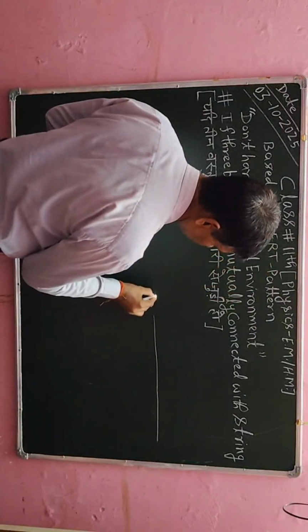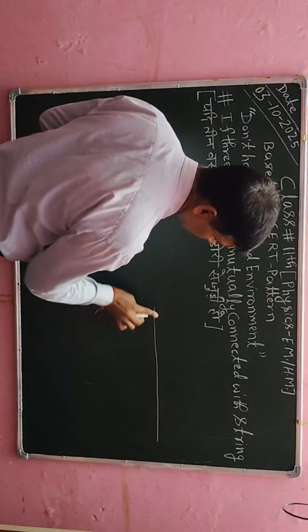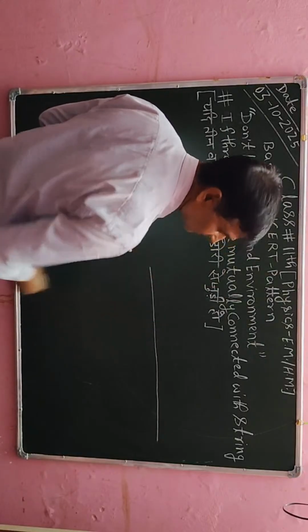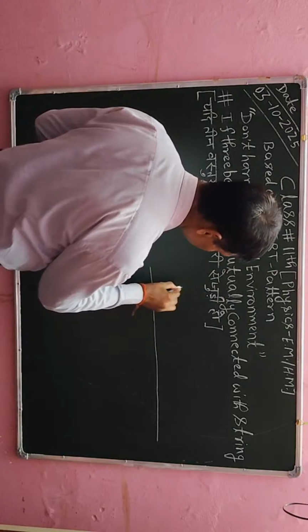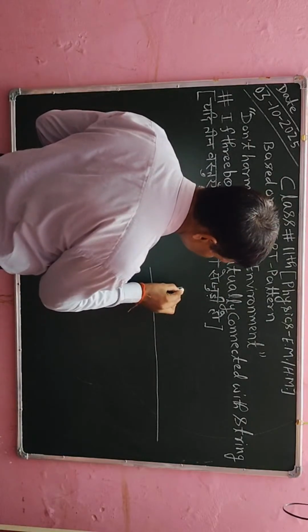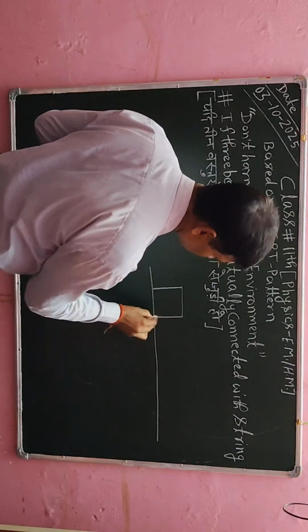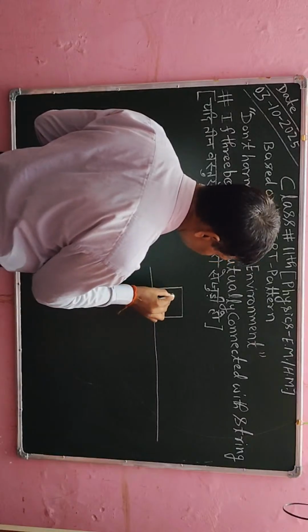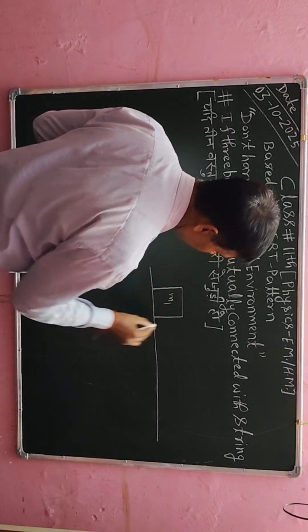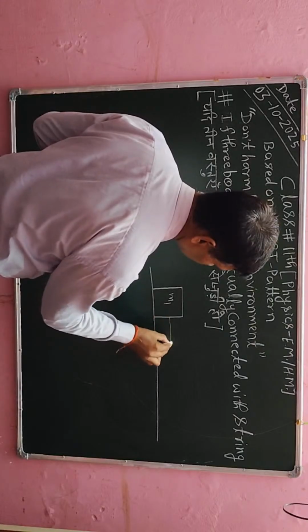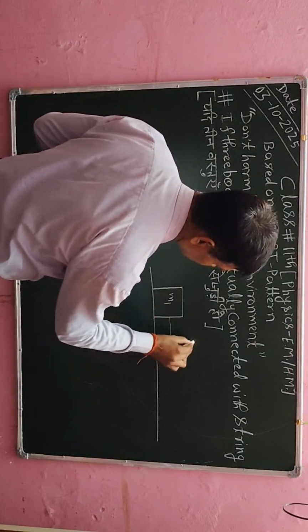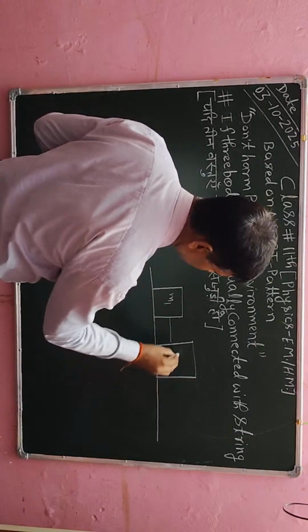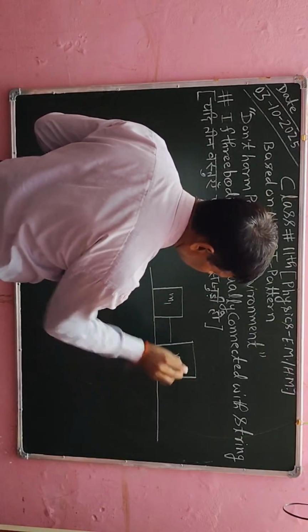First of all, I have taken one horizontal plane. On this horizontal plane I have written a body whose mass is M1, and this body is connected with another body whose mass is M2. Here I have written M2.